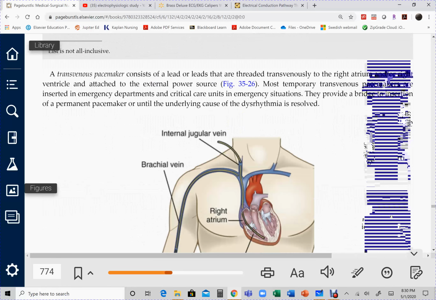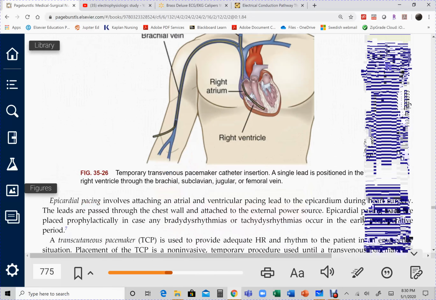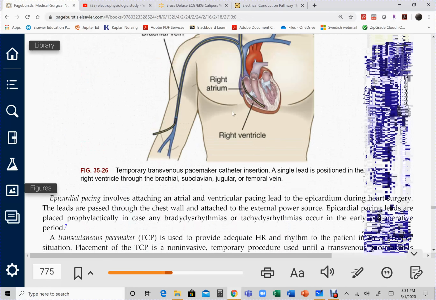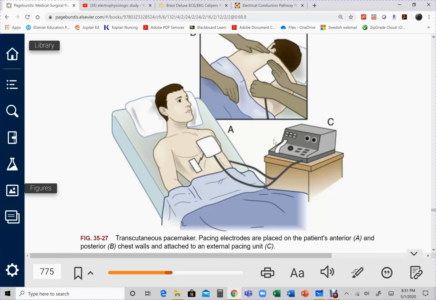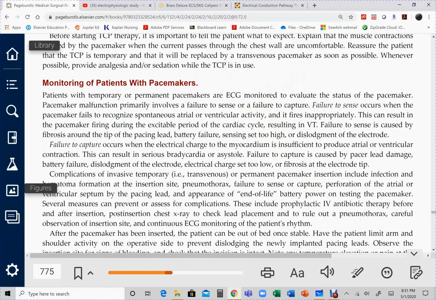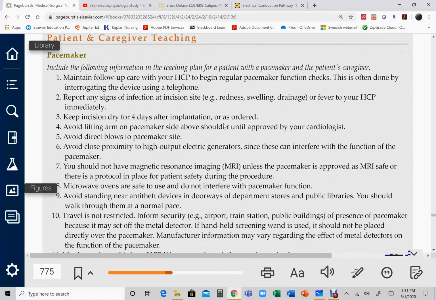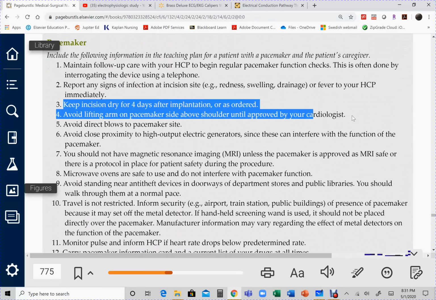I already described this. There's a transcutaneous, which is only over the skin, or transvenous. This is the transcutaneous, this one's transvenous. In both cases, the pacemaker is outside. Here is your long teaching again, but don't worry, these are almost identical with the ICD. Here, remember this was also mentioned.